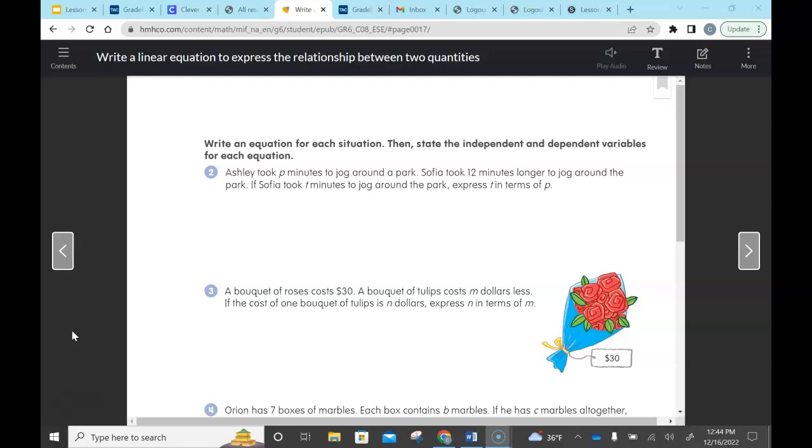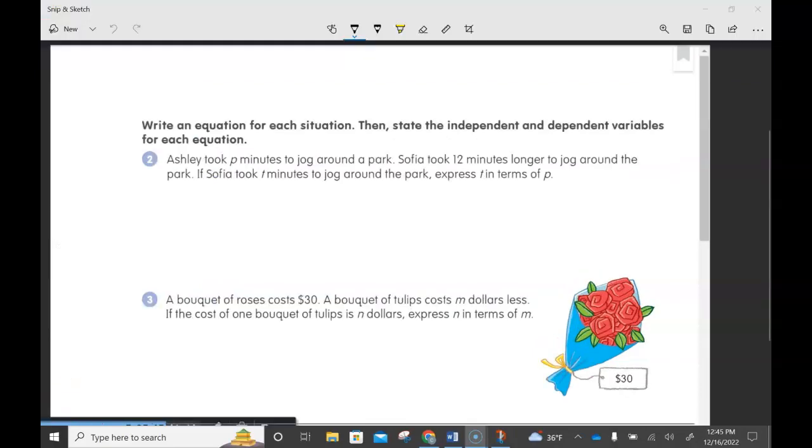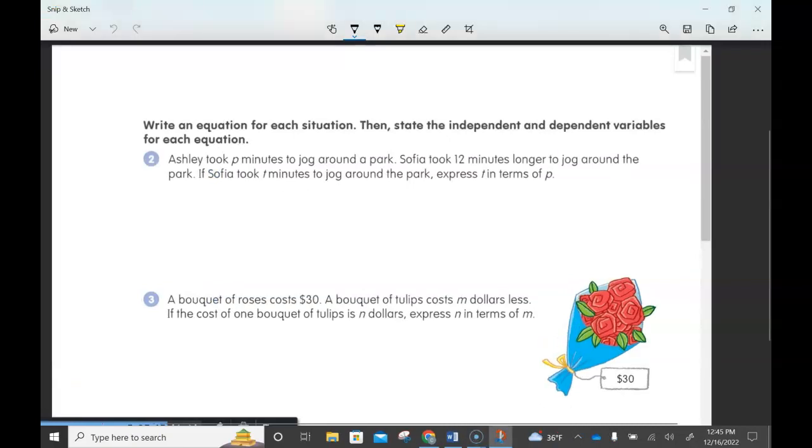If Sophia took t minutes to jog around the park, express t in terms of p. A couple things that we know about this. Ashley took a certain amount of minutes to jog around the park, p minutes. We know that Sophia took 12 minutes longer. So if Sophia took t minutes in total, we need to express t in terms of p.